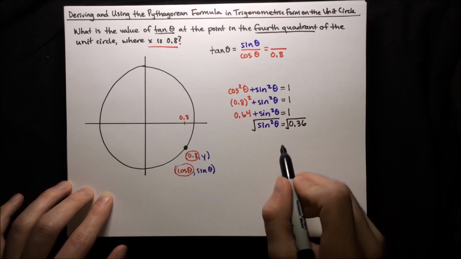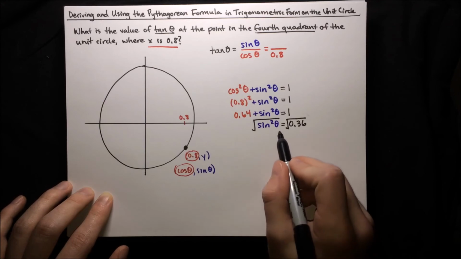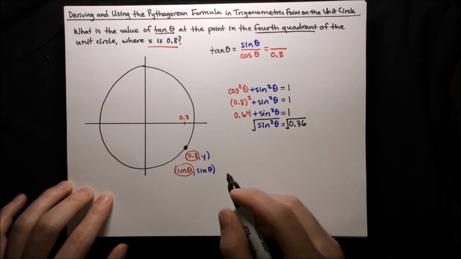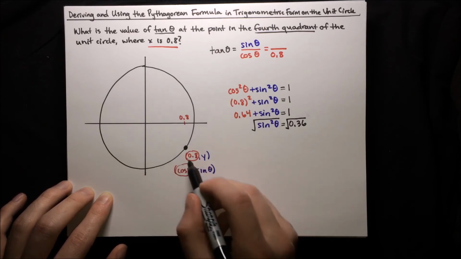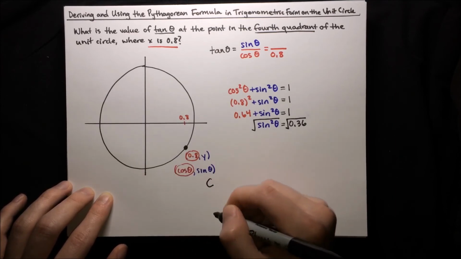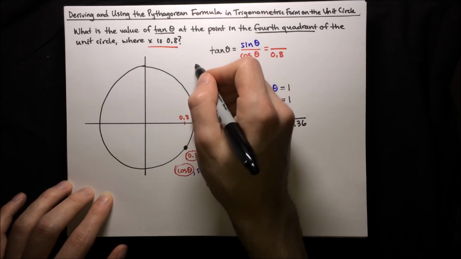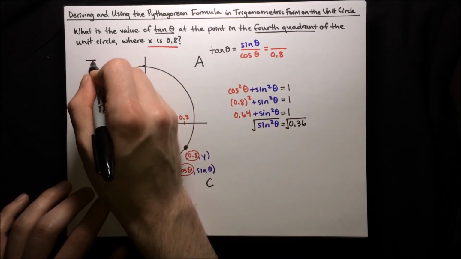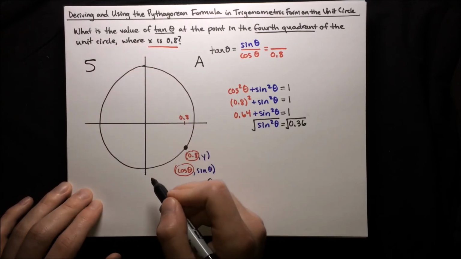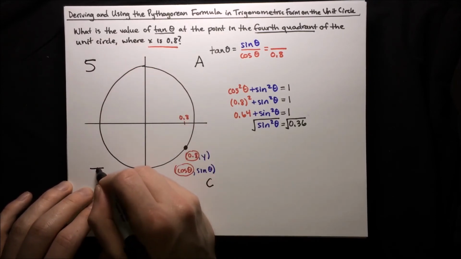But we have to ask, do we want the positive or the negative root here? So we draw our CAST diagram. The CAST diagram tells us that in this quadrant, cosine is the only positive one. In this quadrant, all trig functions are positive. In this quadrant, sine is positive, and in this quadrant, tangent is positive.